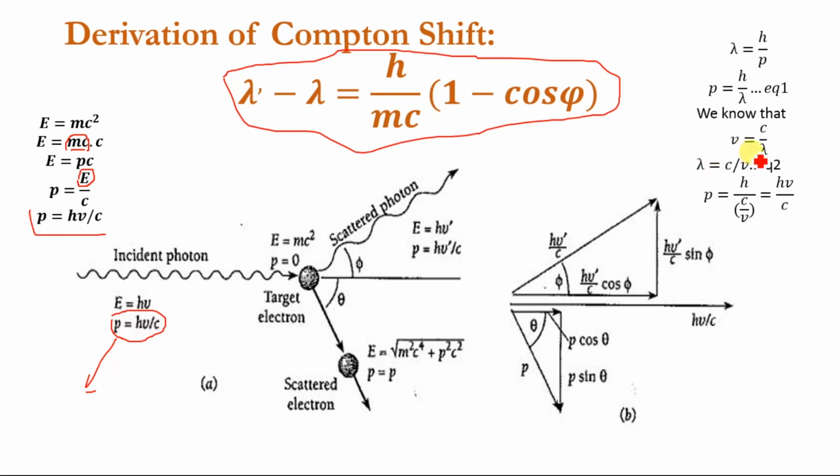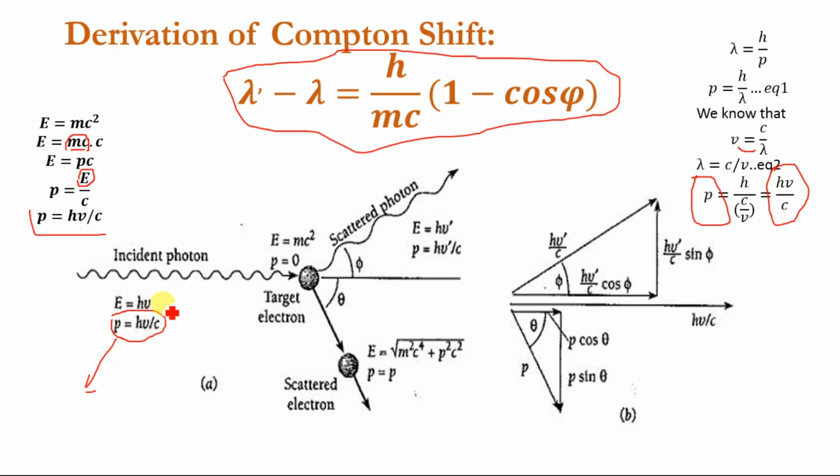Then by transferring lambda from here to here, we will get lambda is equal to c by V. After putting the value of lambda in equation number 1, we will get h mu by c, which is the term for momentum. So the incident photon has energy E is equal to h mu and momentum h mu by c. First we will deal with momentum. After that we will deal with the energy term.